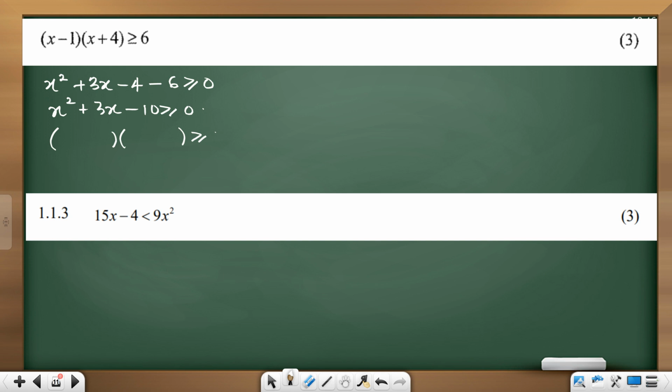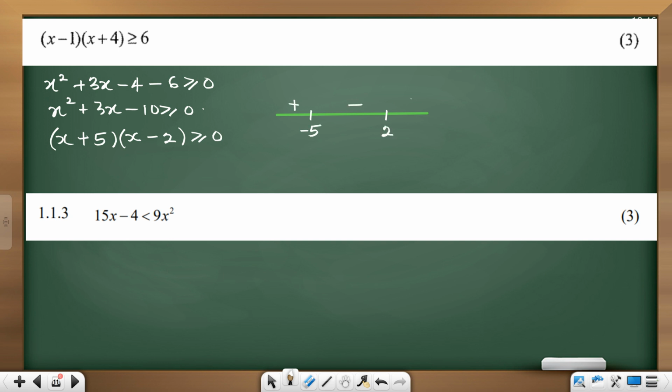We can find our factors here. 5 and 2. I want a positive 3, so positive 5 minus 2. Automatically now I have my critical values. Do you notice it's standard form? So what do we have? Minus 5 on the left hand side, small number, and positive 2.